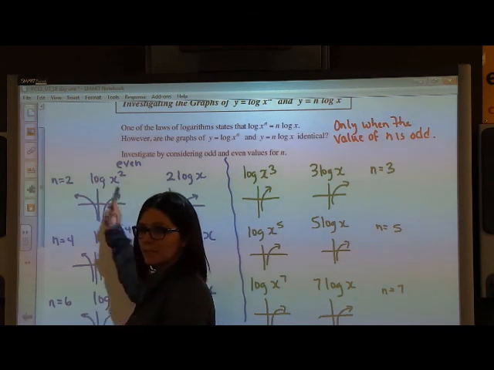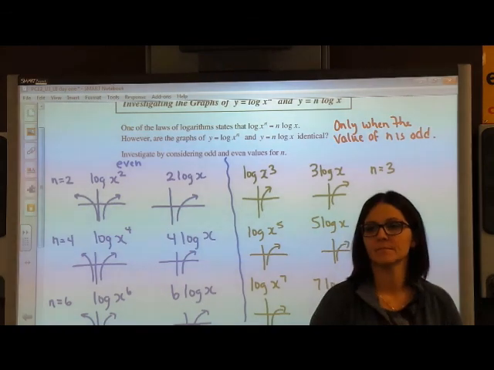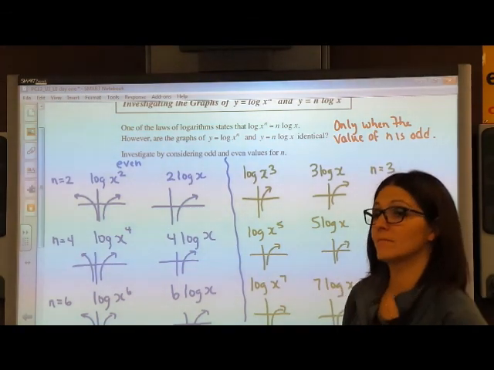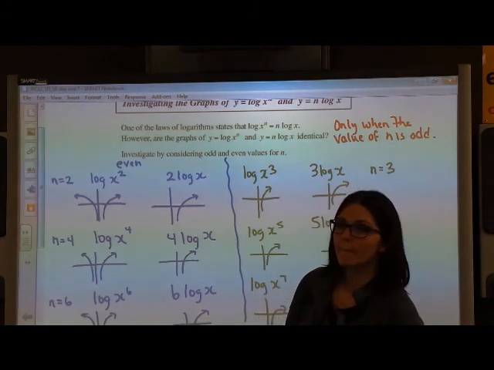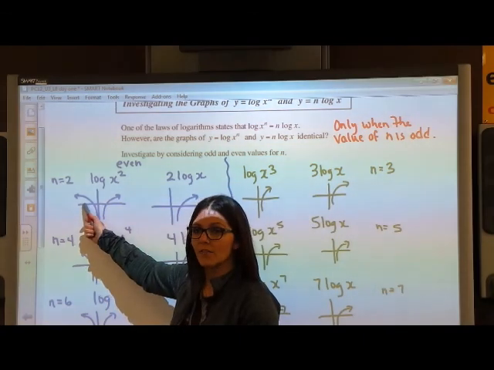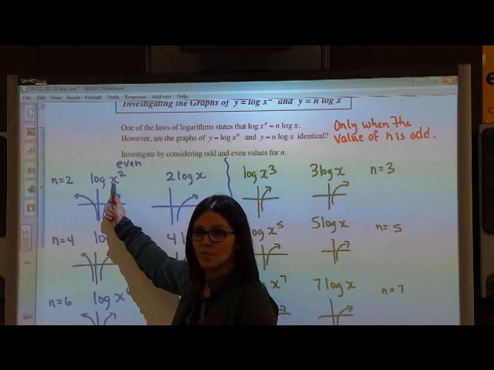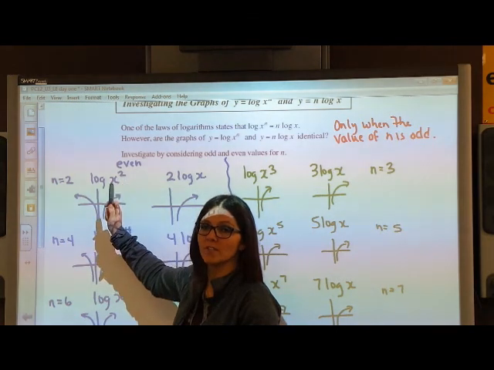Why do the even ones have two sides to them? Because you could have negative or positive numbers, because they both end up being positive. If I have x being -3, when I put it into the equation, what does it become? +9. And I can take the log of +9.